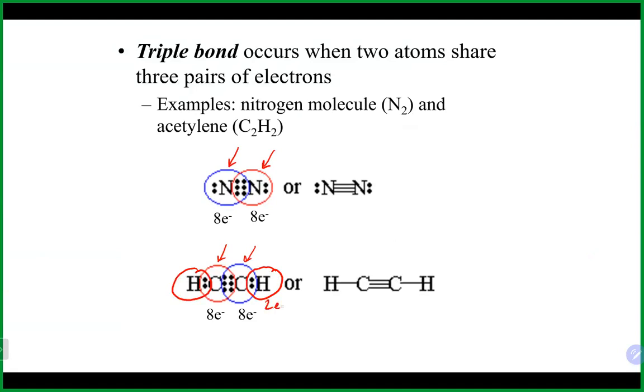And as you can see here, our hydrogen just gets to 2 electrons. As I said, sometimes it does require a triple bond to achieve that octet rule and make sure everybody's stable and happy.